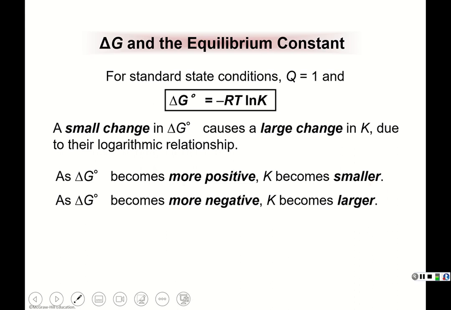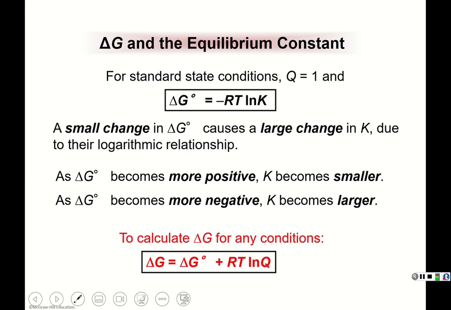You can think of that too: the more positive your delta G naught is, the less spontaneous the reaction is, the harder it is for that reaction to go forward. And how would that look in terms of equilibrium? It would mean the reactants are being favored, so the equilibrium constant, with the reactants in the bottom of that expression, would become smaller. So these are sort of inversely proportional.